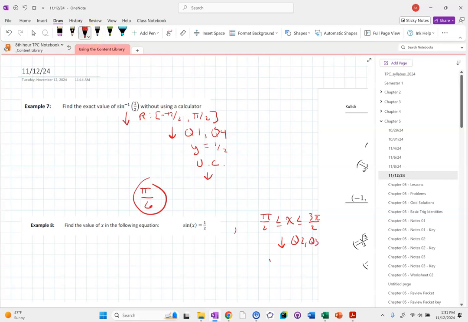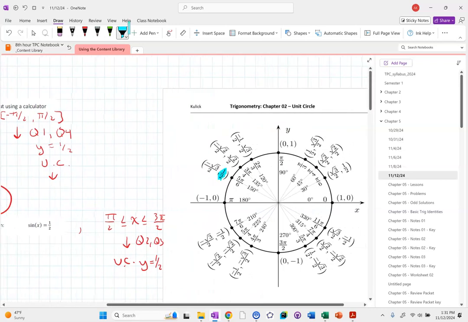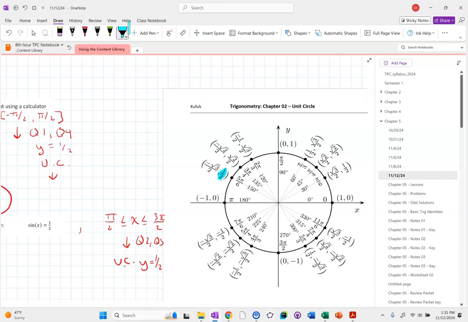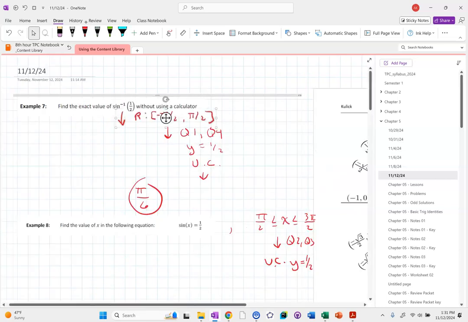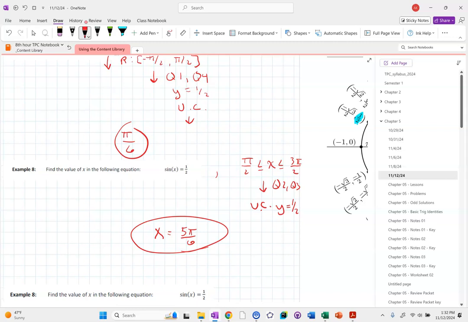So we go to the unit circle and look at where y is 1/2 in quadrants 2 and 3. Check all my y's in there, that's the only one that works. So my answer should be 5pi/6. So that's like the things that we would have done in Chapter 4, right? That all look familiar?